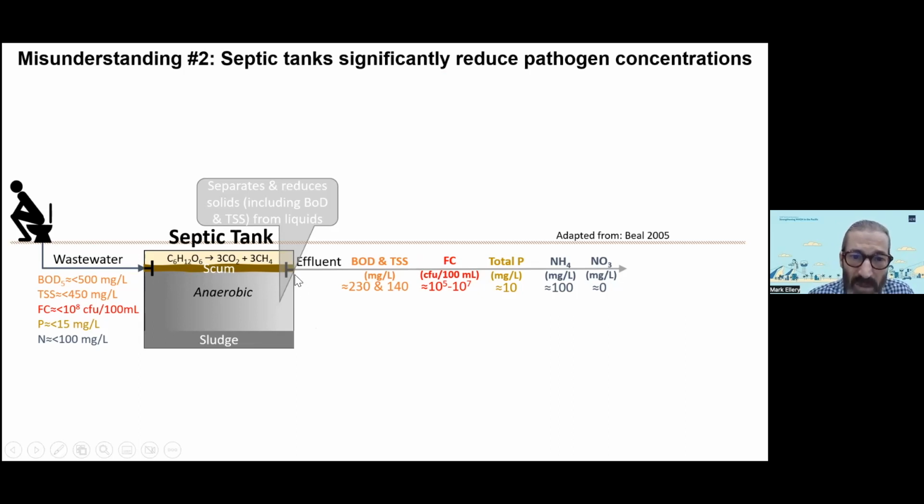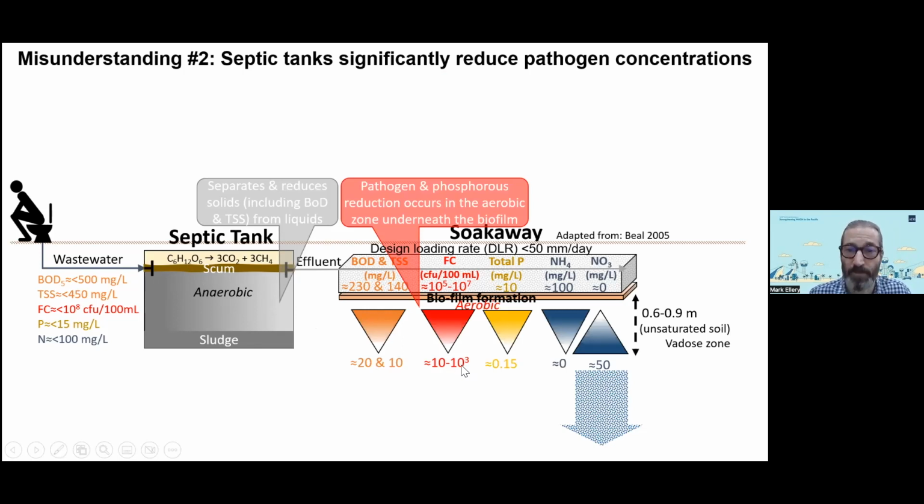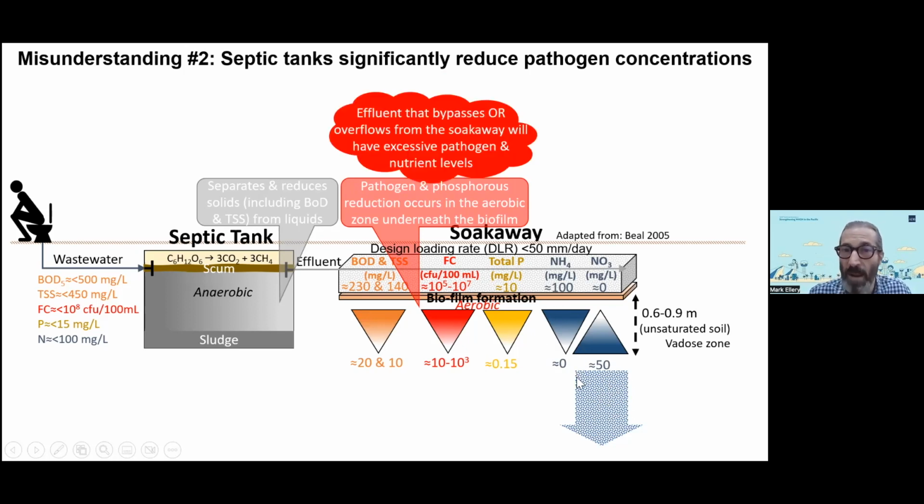It enables the liquid to be drawn from the bottom and your methane gas to be drawn from the top and into the soakaway. And as we've already covered, most of your pathogen and phosphorus reduction will occur beneath the biofilm in that aerobic zone below the soakaway.